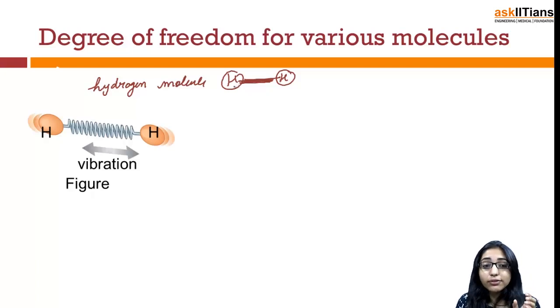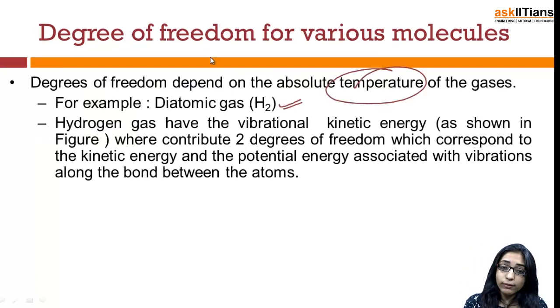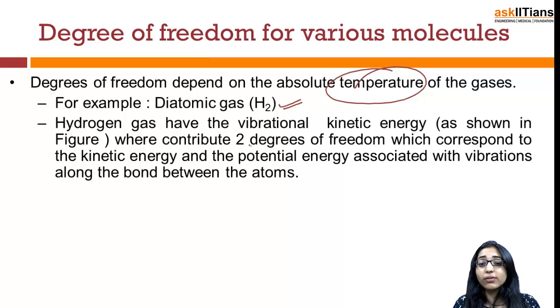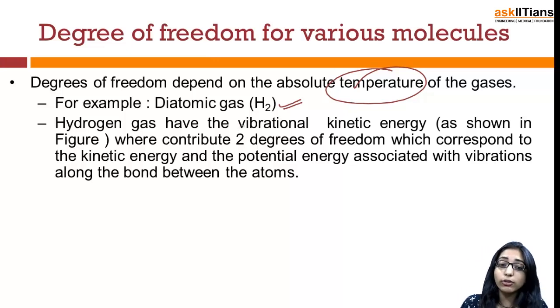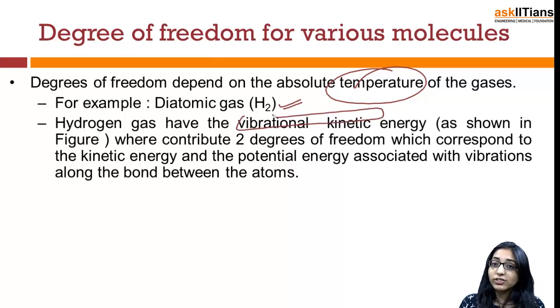So one atom as well as the other atom are both vibrating with respect to one another, and they are said to have vibrational kinetic energy associated with them. This contributes 2 degrees of freedom, which correspond to the kinetic energy and the potential energy associated with the vibrations along the bond between the two atoms.